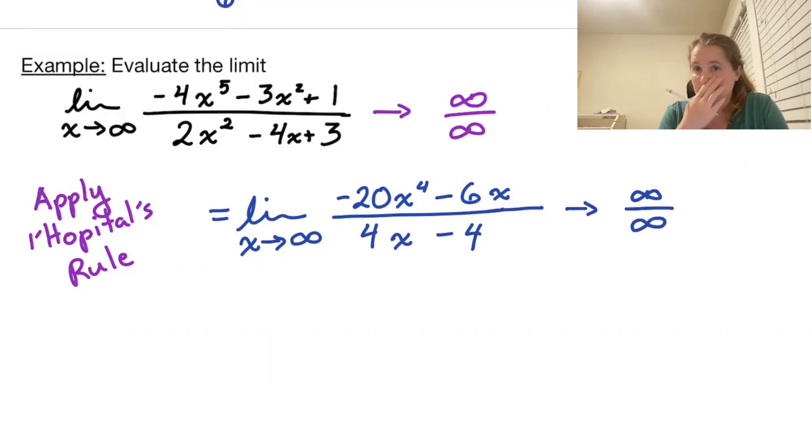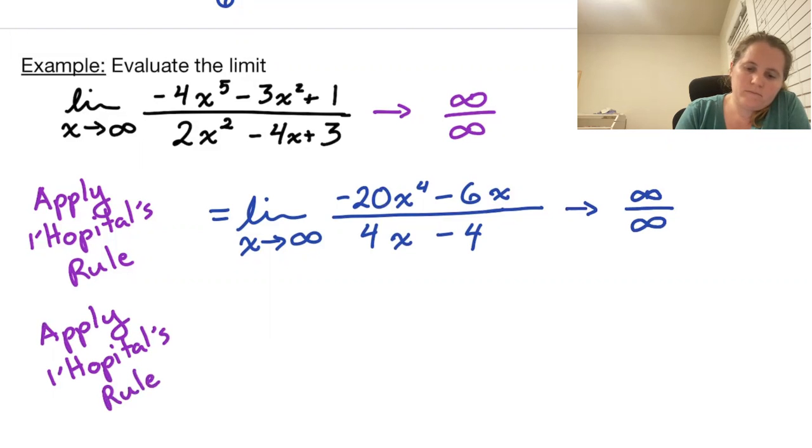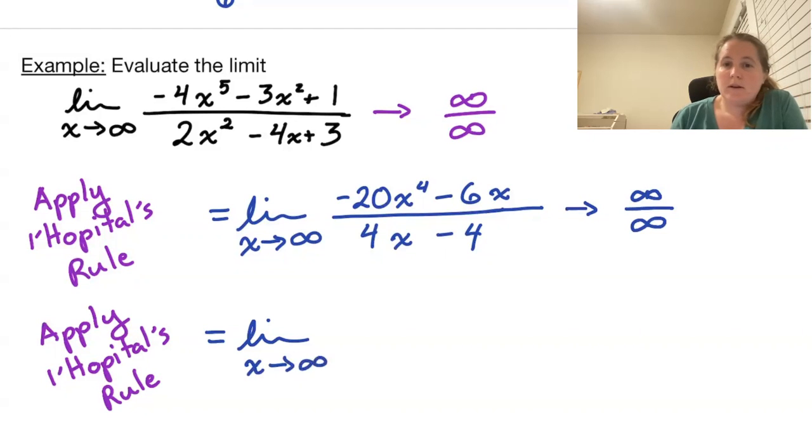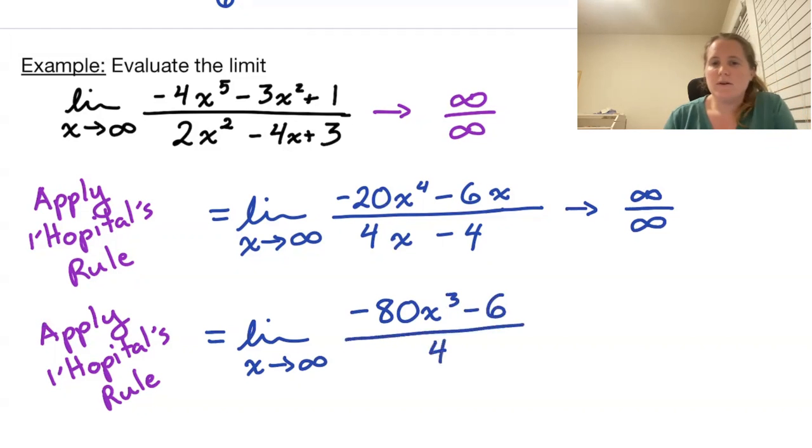Whether it's plus or minus, I'm not too concerned with it at this point. So we'll go ahead and apply L'Hopital's rule again. And this becomes the limit as x goes to infinity of negative 80x cubed minus 6 all over 4.